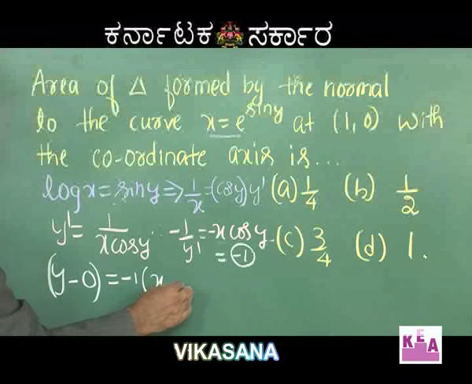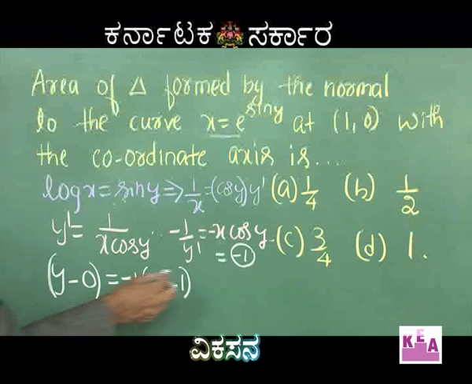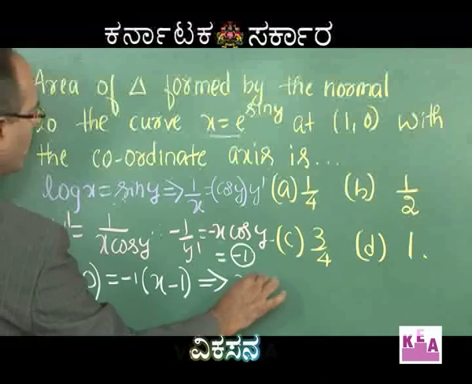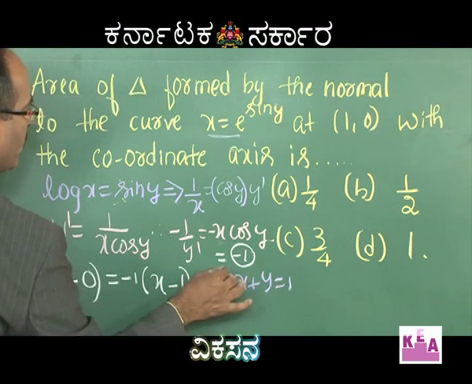Is that correct? The reason is the point is 1 comma 0. This clearly implies, shift this to the left hand side. So, you will get x plus y is equal to 1.